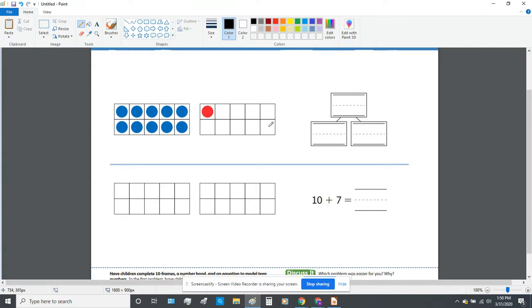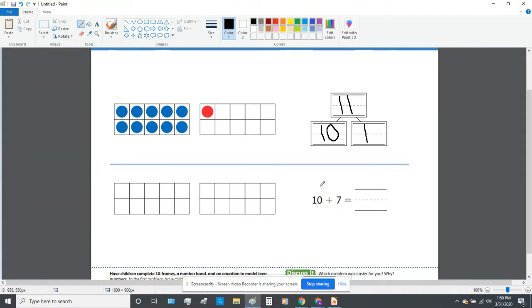I have a group of 10 here, so I know my team number is made up of a group of 10, and then I see only 1 extra, so that means there's a 1. 10 and 1 makes the team number 11. The first one comes from your group of 10, the second one comes from your extra.